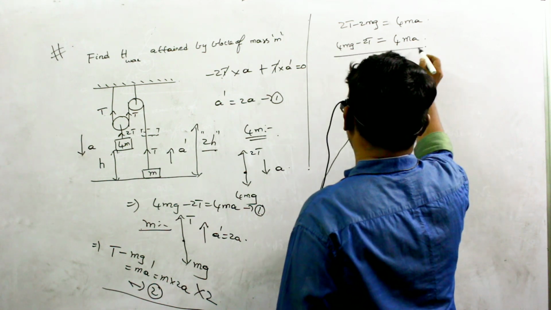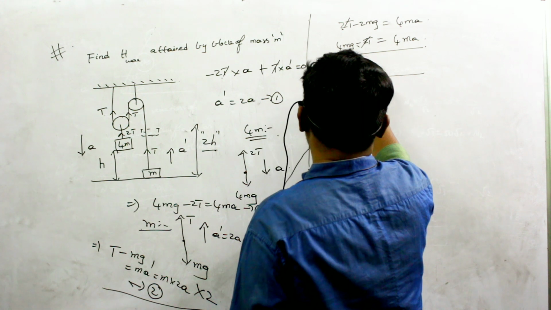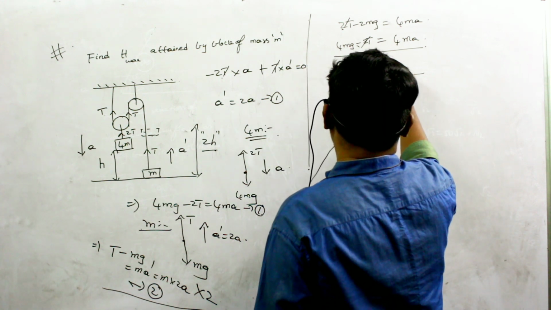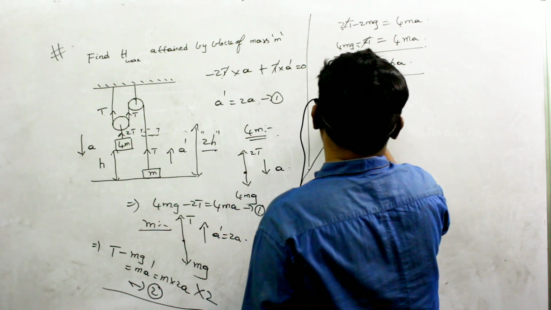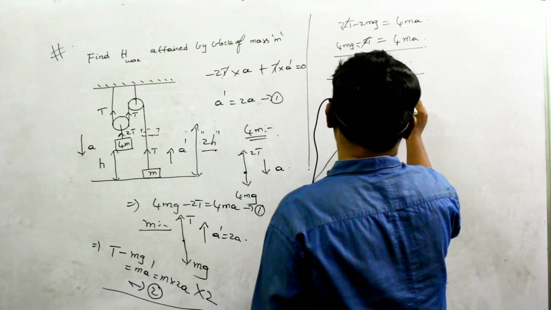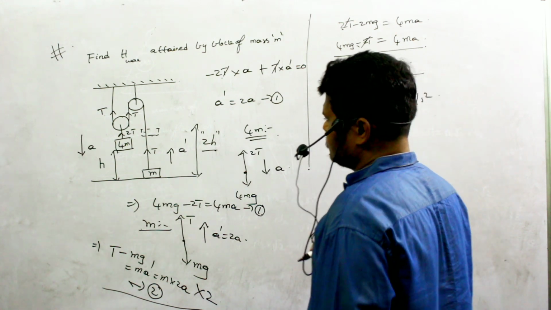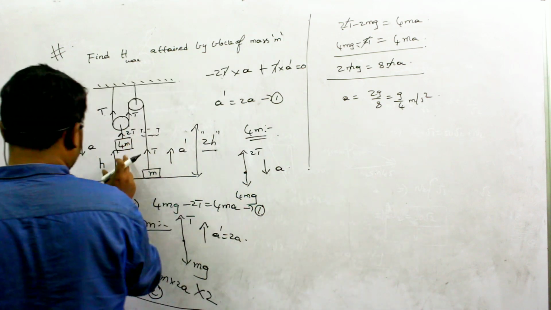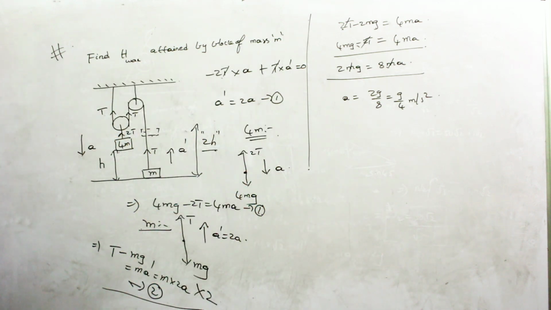Now if I add these two relations, plus 2T and minus 2T get cancelled. So 2mg is equal to 8mA. m gets cancelled. So the acceleration is 2g by 8, which is g by 4 meters per second square. So this is the acceleration of the 4m block, equal to g by 4 meters per second square.